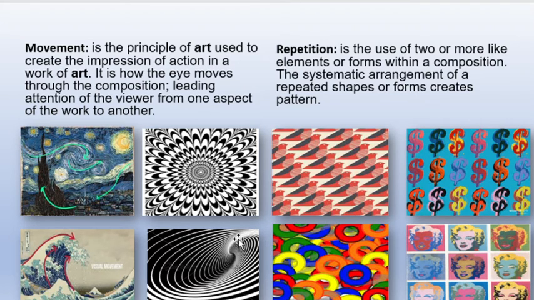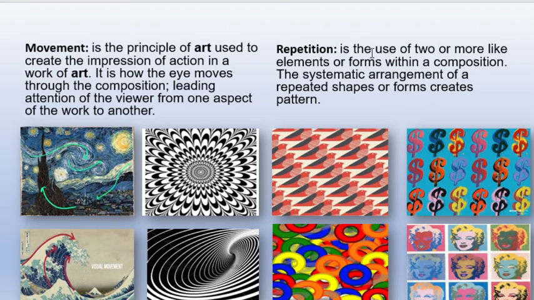And then these ones as well. So there is movement of the eye. You can't center your eye at one particular place. You see that the eye will be moving over the work. That is movement, and it is so beautiful.